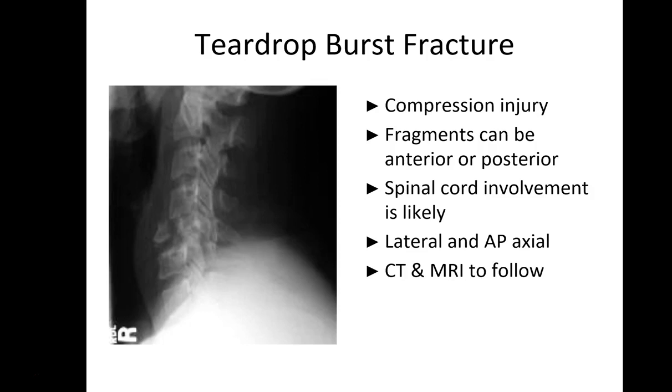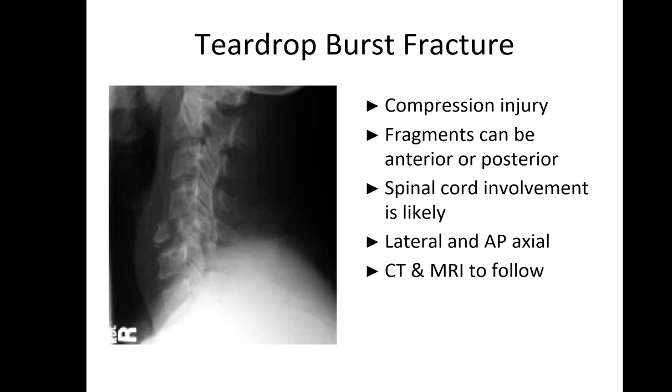Okay, a teardrop burst fracture. So a teardrop burst fracture is a compression injury to the vertebral body, and it's caused by hyperflexion. The vertebral body actually experiences a comminuted fracture, so there's multiple fragments of the vertebral body, and they can be displaced anteriorly or posteriorly.